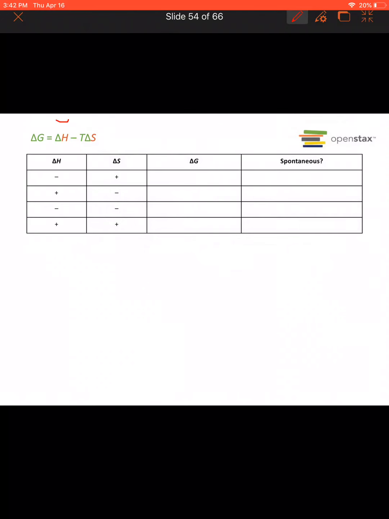If delta H is positive and delta S is positive, we need now for this negative sign that's here to be larger than whatever delta H is. And so how can we make that TS larger than delta H? At high temperatures. So if both the sign of delta H and delta S are positive, we can keep the sign of delta G negative at high temperatures.